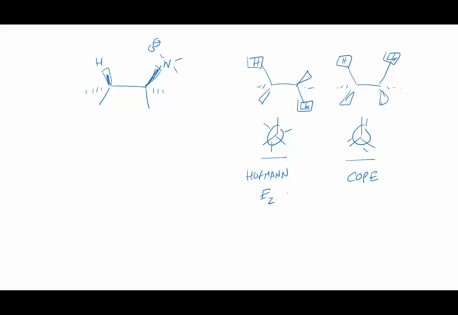Cope is new. So when we get that molecule, we have to decide, am I doing Hofmann or am I doing Cope? And then I have to put it in one of those two conformations initially and then rotate around so that I can put my nitrogen with my O- near my hydrogen, or over here put the ammonium down there.